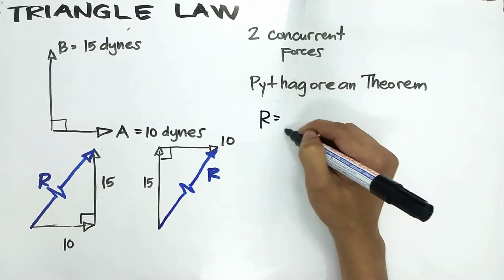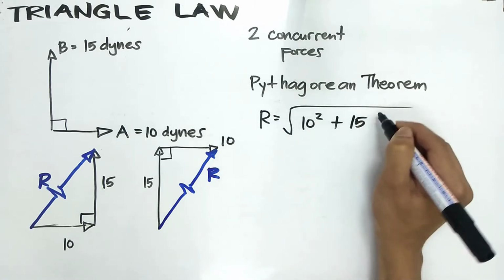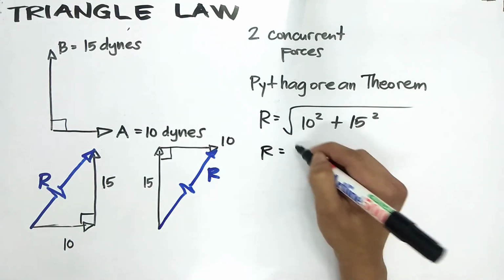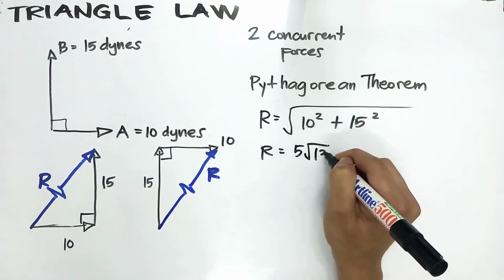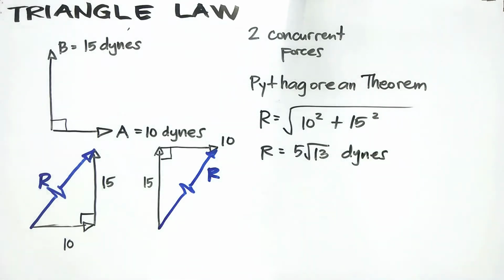R is equal to the square root of 10 dynes squared plus 15 dynes squared. So R is equal to 5 square root of 13 dynes.